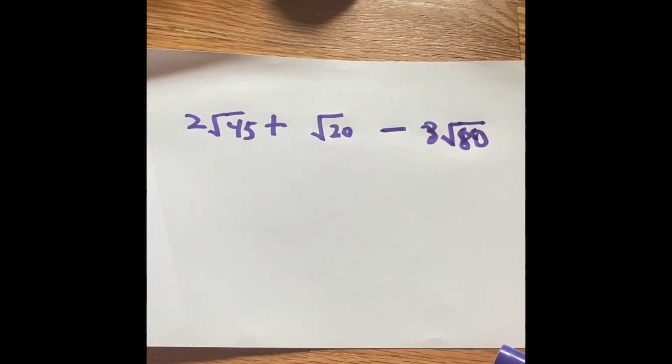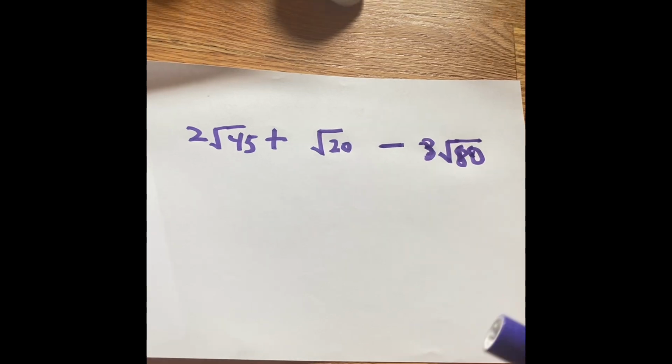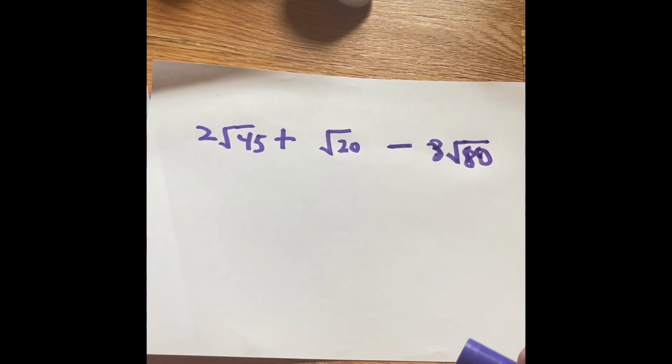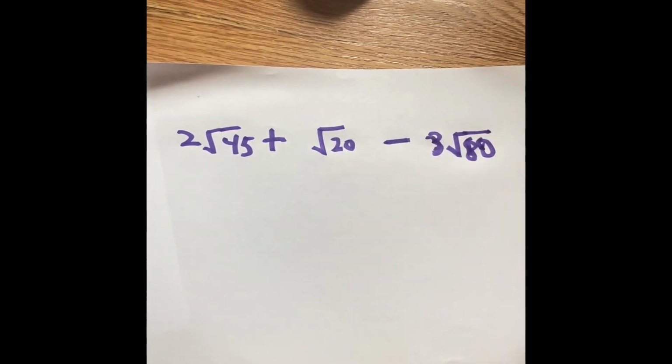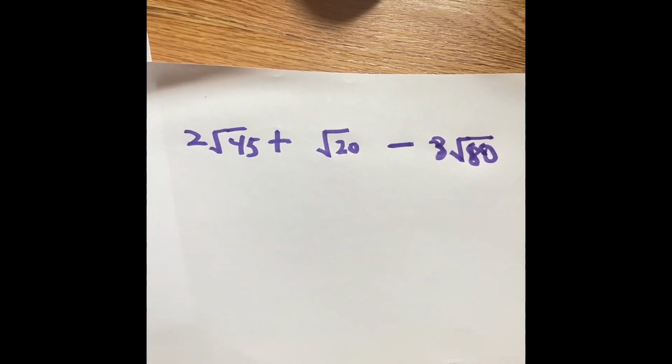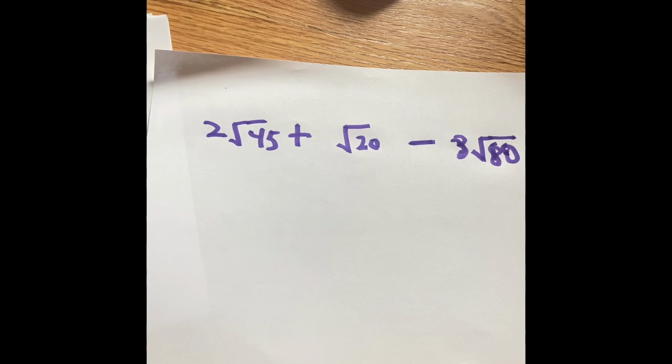To make it easier to combine like terms and to make it easier for us to calculate, we're going to try and turn all of these radicals into something that we can easily work with.